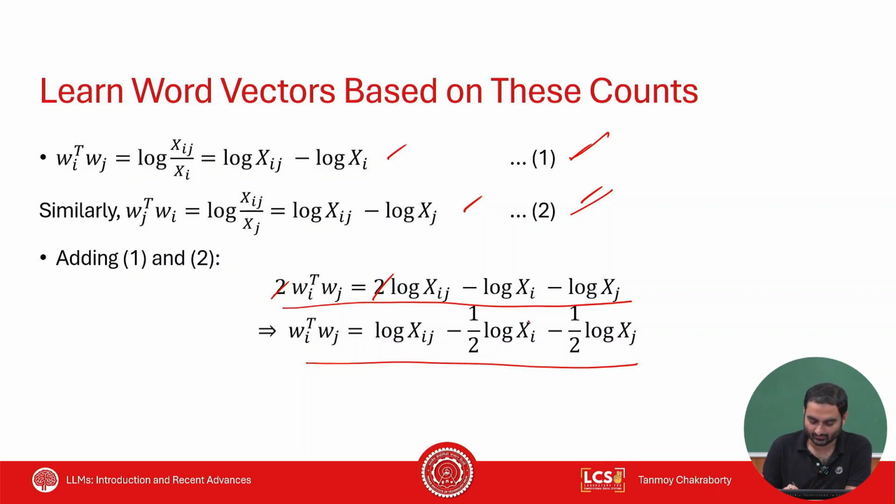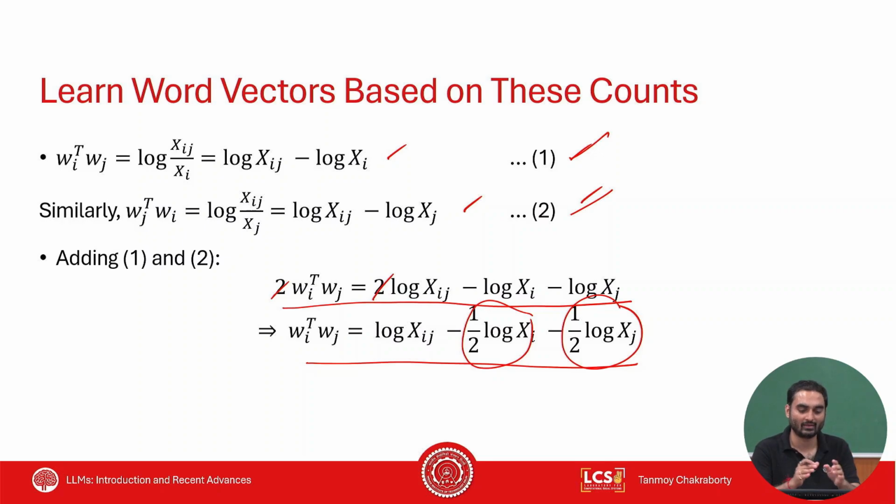Now if you look at this term and this term carefully, these are the terms which are not dependent on the co-occurrence. These two terms are dependent on the specific word, right? So I can use these two components as a property of that word.